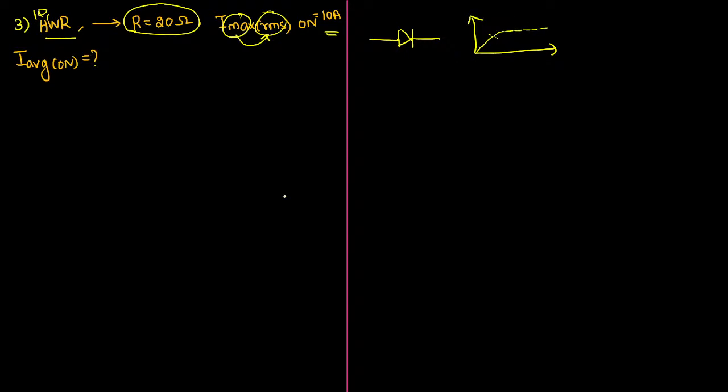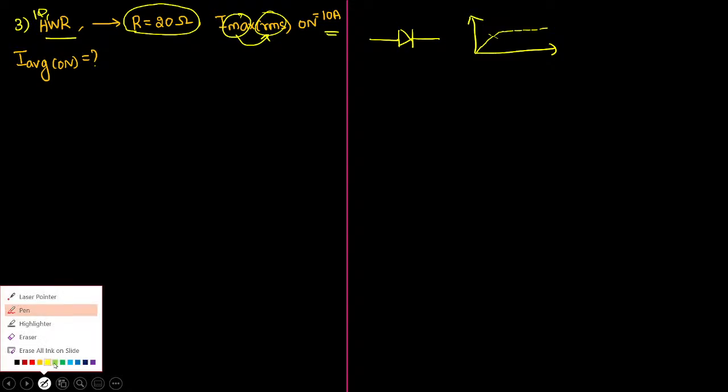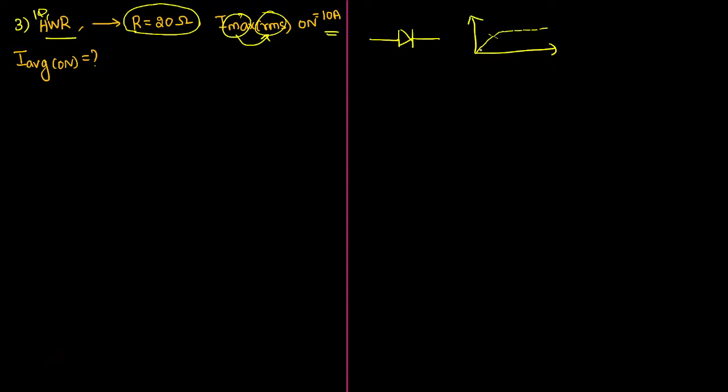Now if you observe what is called the maximum RMS current here, initially the RMS current starts at a value of 0, then it slowly increases. Finally the RMS value reaches its maximum value, and that is called the maximum RMS value. Basically it is simply called RMS current. Don't think too much.